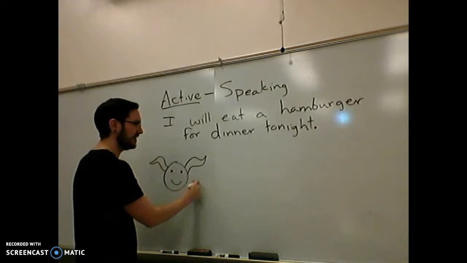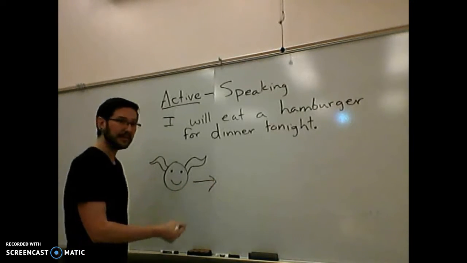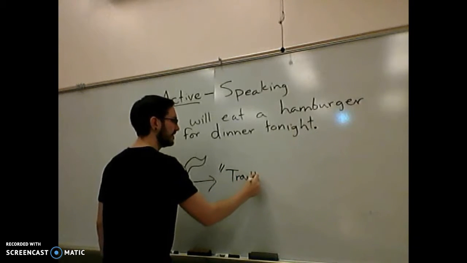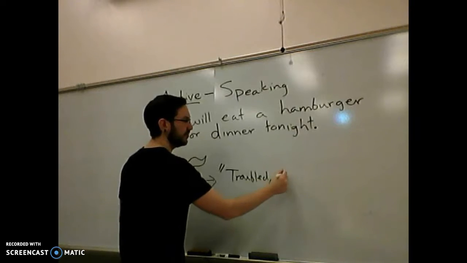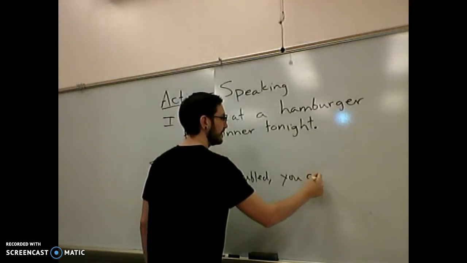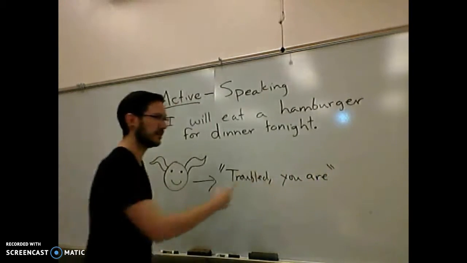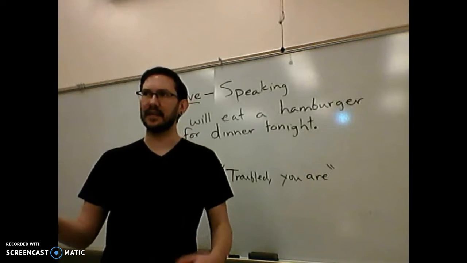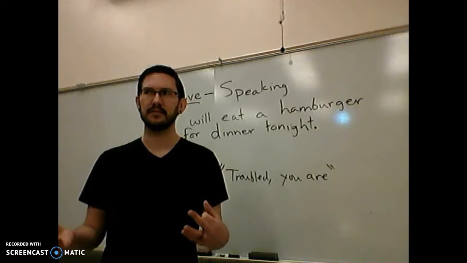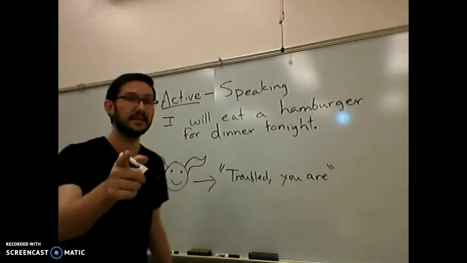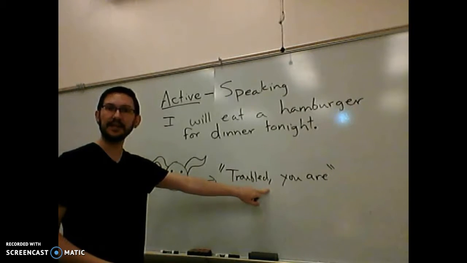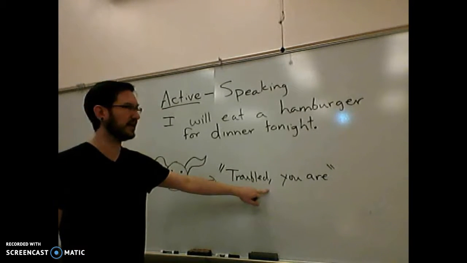But what Yoda says is stuff like this. He'll say, troubled, comma, you are. Now what's going on here? What do you guys think? So yeah, one of the things is we have a comma, which means that we're breaking things up into clauses. Yep, that's right.